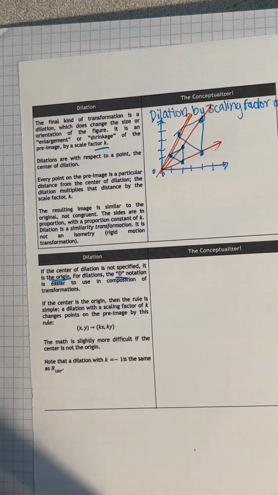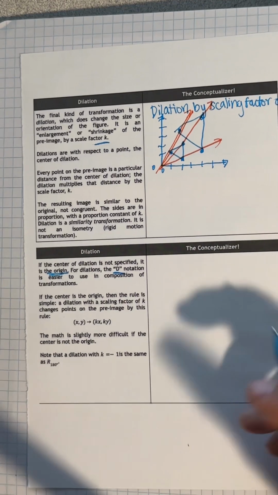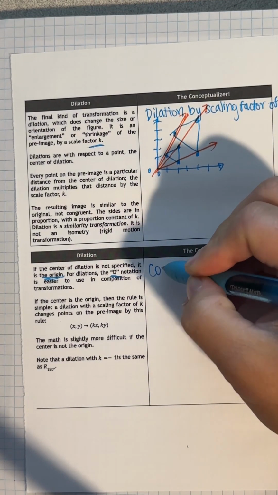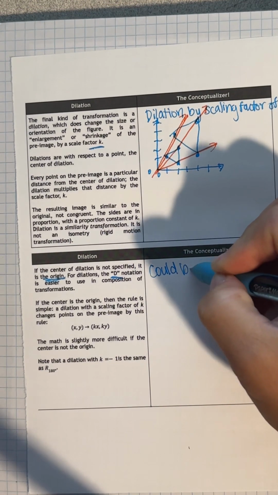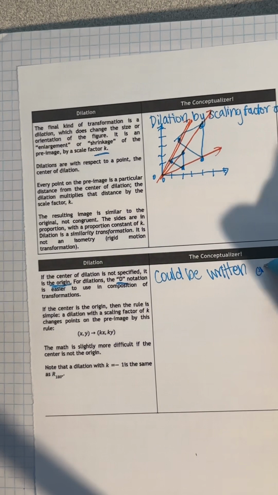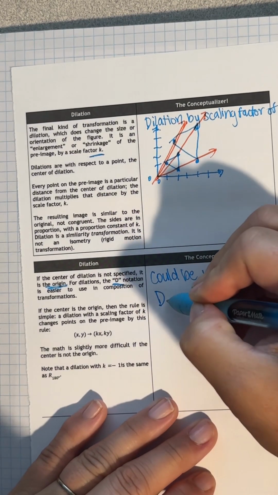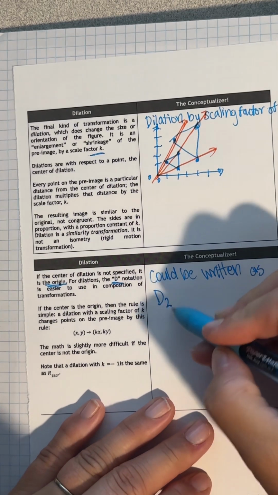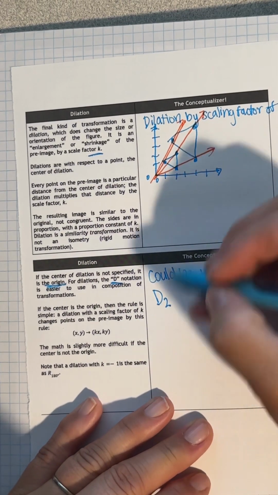All right, so if we're using this same example down here, this could be written as D2, where the subscript, that's what that's called, is the scaling factor.